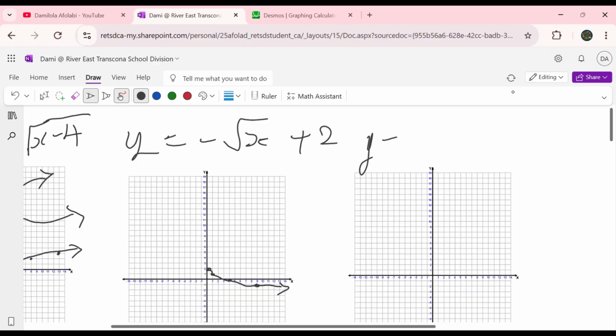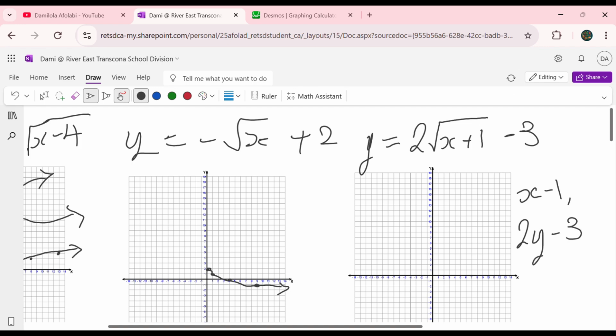Next one is y equals 2 square root of x plus 1 minus 3. Okay, x plus 1. The plus 1 is inside the square root, so we are shifting the graph 1 to the left.